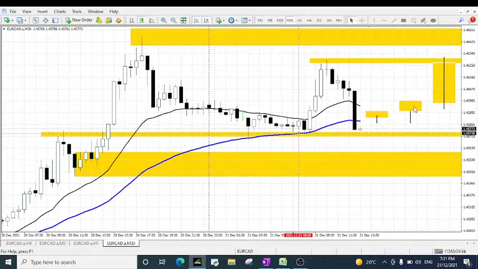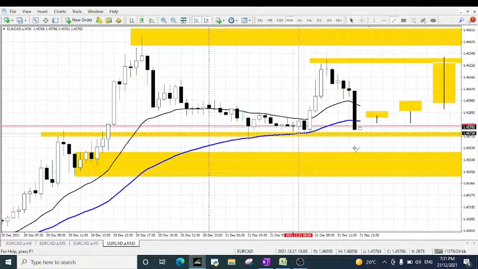If we start seeing small candles, it means buyers are stepping in. But this is quite a strong momentum, huge momentum. Let's see if buyers will hold up the sellers. Maybe put up a last stand around that zone. Otherwise, we'll be coming down here.